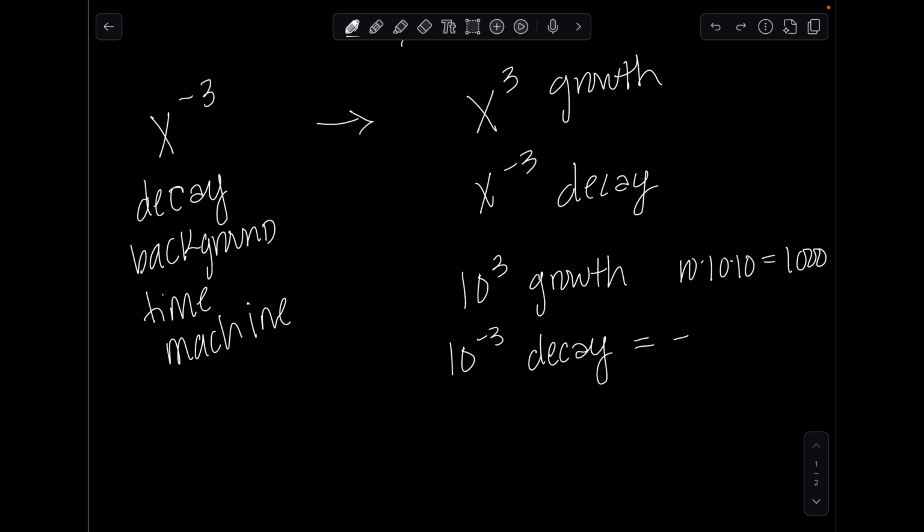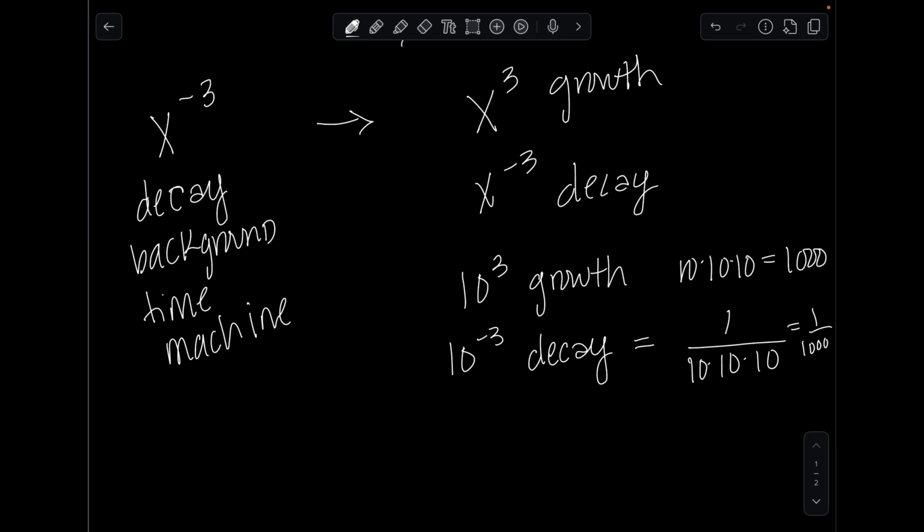But you're taking this 10 to the negative 3rd power under the ground. You're doing the same thing, just under the fraction bar. So your answer is 1 over 1,000, or 1,000th.